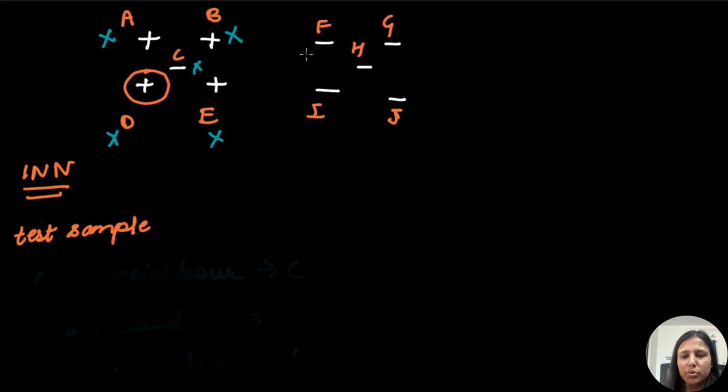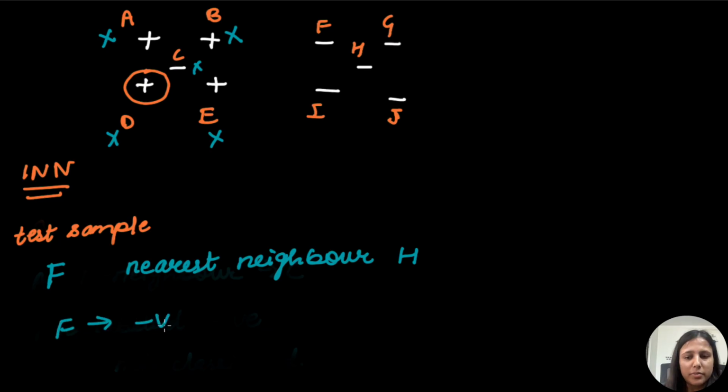So I'll just show you that for F. Nearest neighbor, like we did in the previous case on the left hand side, is H. So F will be labeled as negative. This is correctly classified.